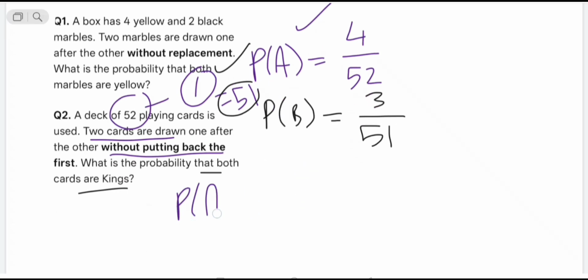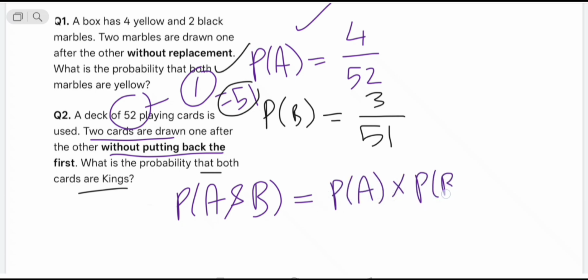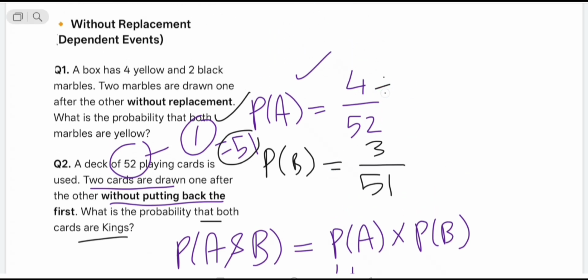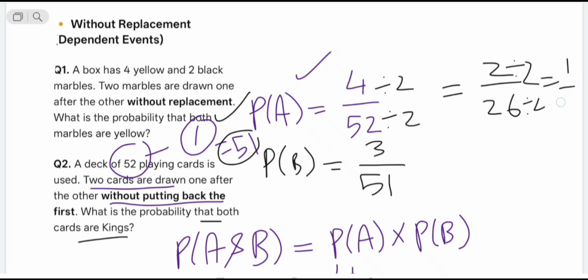So what is the probability of A and B? It is equal to probability of A times probability of B. What is the probability of A? 4 over 52, or you can simplify because both are divisible by 2, which is equal to 2 over 26. Again we can divide by 2, so 1 over 13.